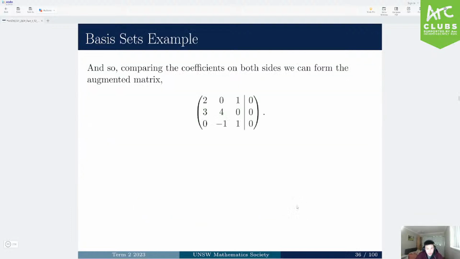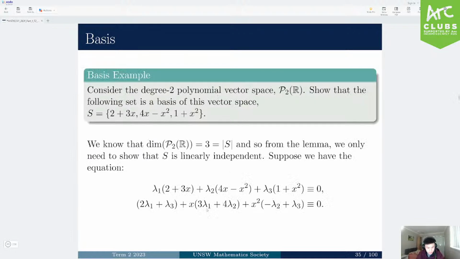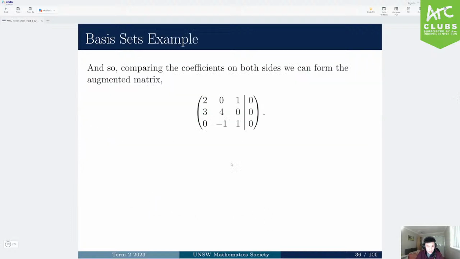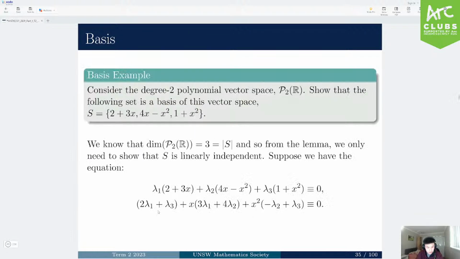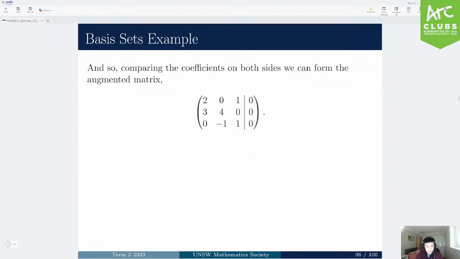We can just compare the coefficients on both sides to form the augmented matrix. Notice that we have 2 for lambda 1, 3 for lambda 1, and 0 in the third case, so that maps to 2, 3, 0. We have 0 lambda 2 here, 4 lambda 2, and minus 1 lambda 2, so that results in 0, 4, minus 1.